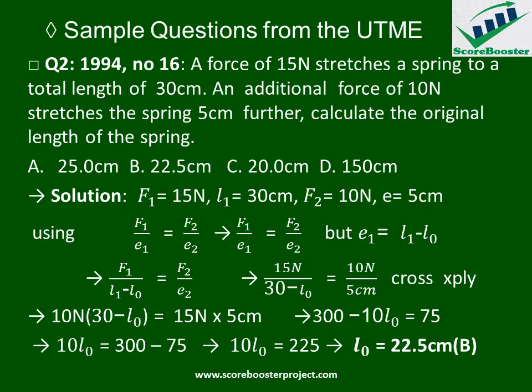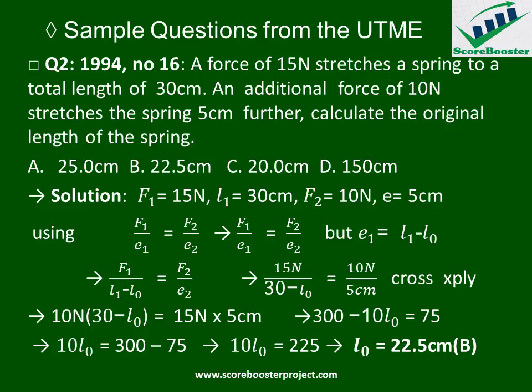Now on to solution. The first thing is to write out the given parameters as usual, and from the question we are given the first force, that is F1 equals 15 Newton. Then L1, that is the new length 1, is given to be 30 centimeter. Then we are given the second force F2 to be 10 Newton, while the extension got from it is 5 centimeter.